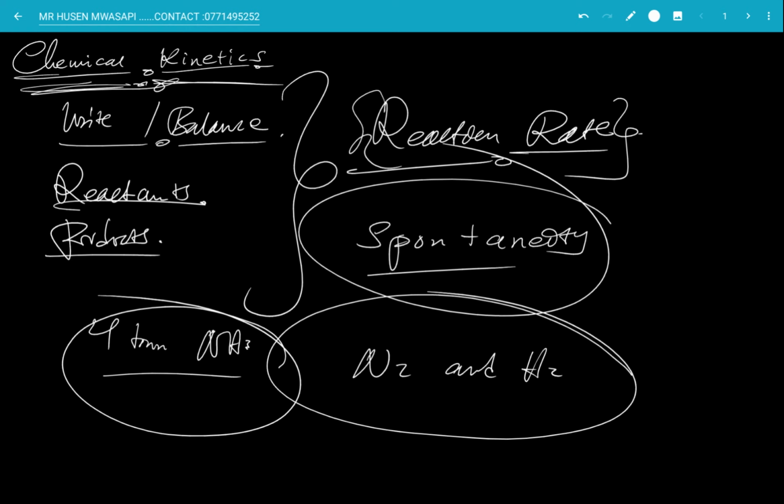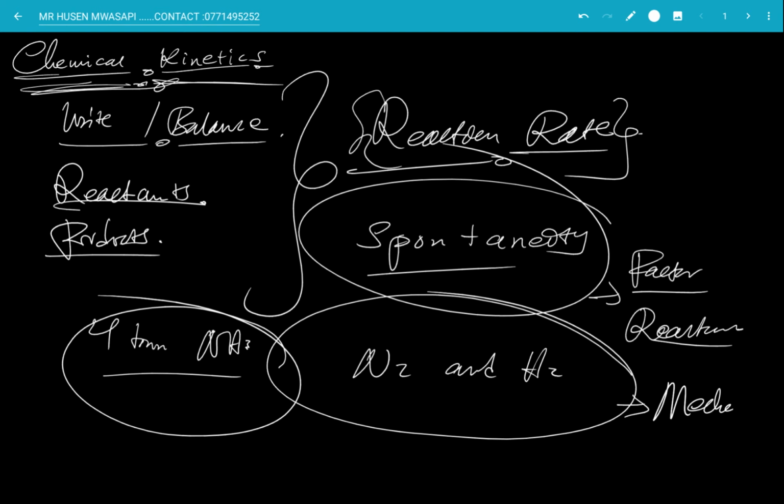Not just reaction rates, we also study the factors that affect these reactions, and also the mechanisms. So chemical kinetics is simply a branch of chemistry that studies reaction rates, the factors that affect the rates of reaction, and the mechanisms. I hope you understand.